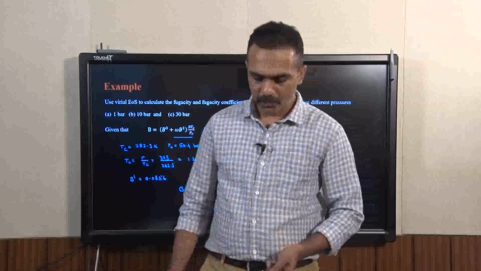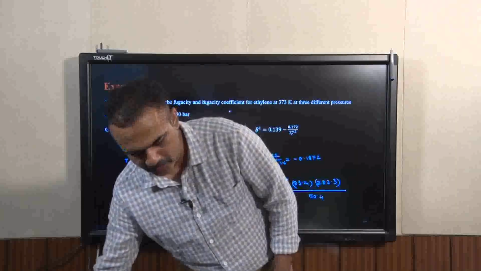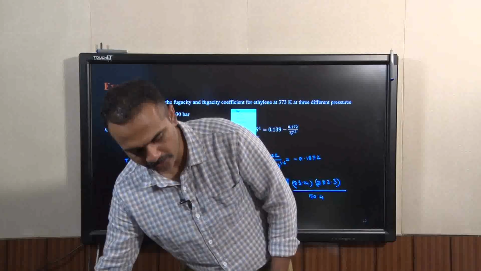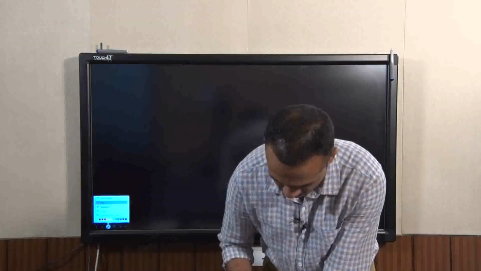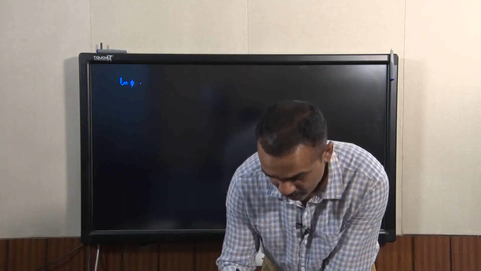Once I have this value, I can use this B to calculate the residual Gibbs free energy, the fugacity coefficient, and hence the fugacity. If you recall, the residual Gibbs free energy gr by RT and ln phi are the same, and they are equal to BP over RT for the virial equation of state using only the second virial coefficient.